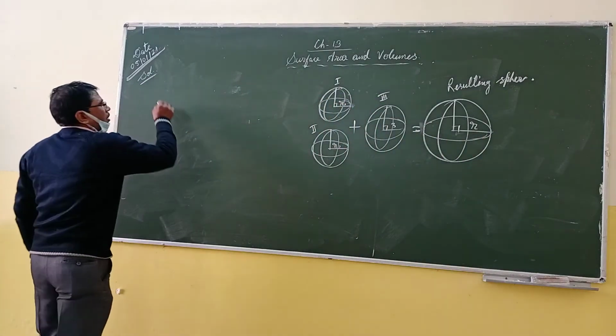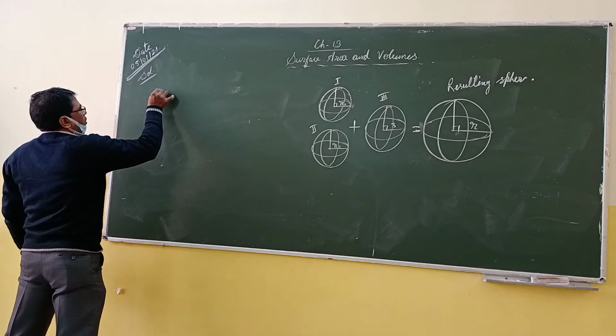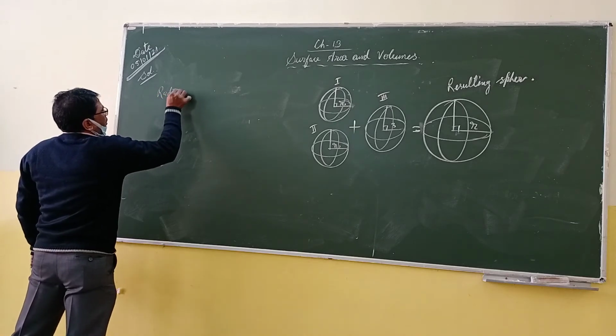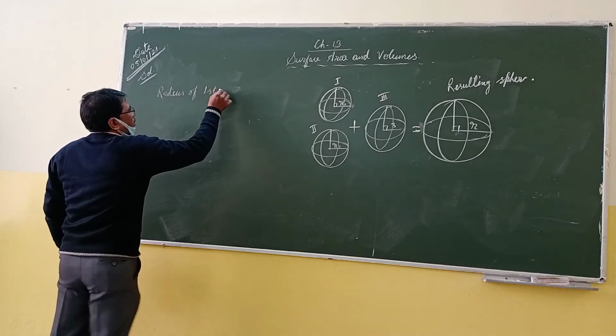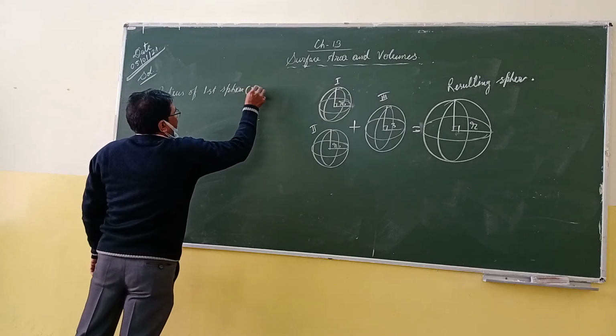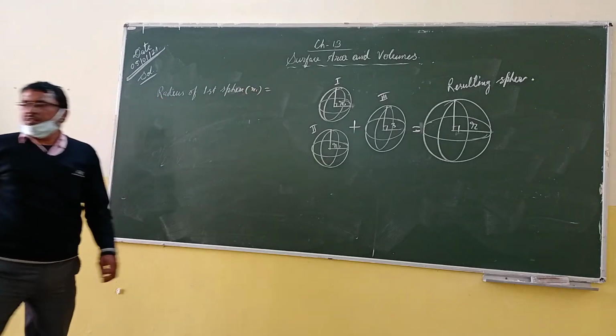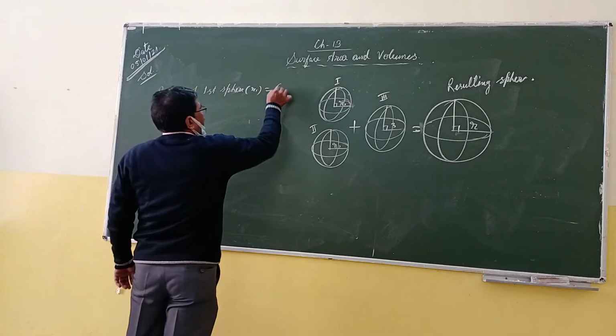So first of all, we shall write the radius of the first sphere. Radius of the first sphere, that is R1, is given here. What is given? 6 centimeter.